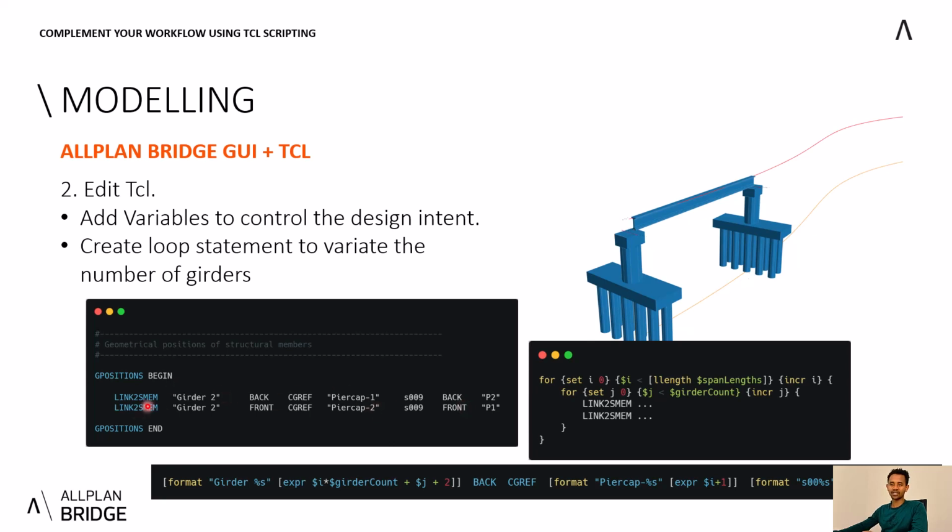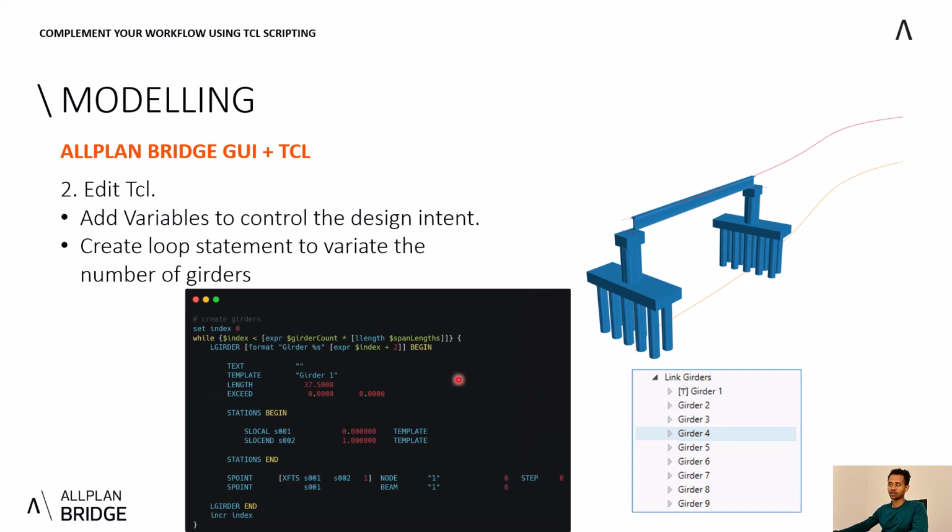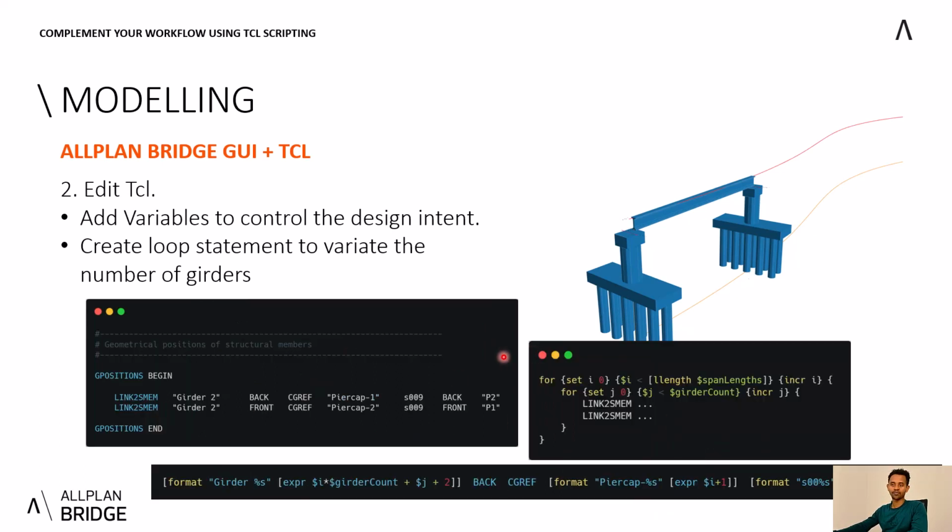So what you need to do is, okay, this is just for one girder, right? We need to move each girder, girders 3, 4, 5, and so on, to the right position. Here we have a girder, the positions back, front, reference, pier cap 1, pier cap 2.